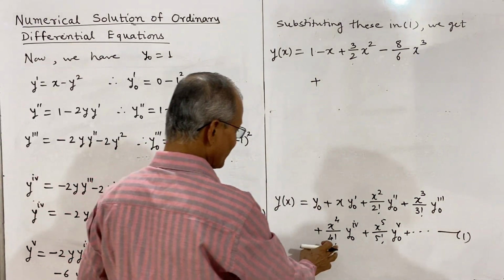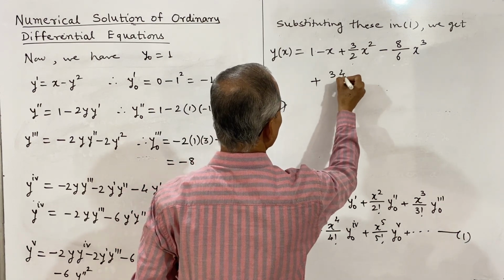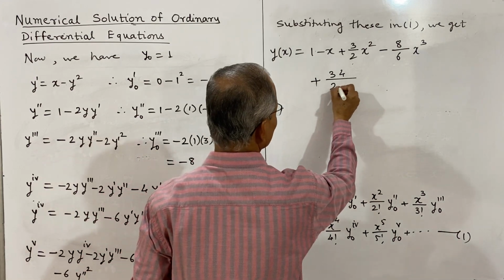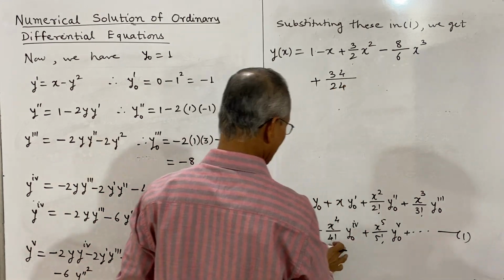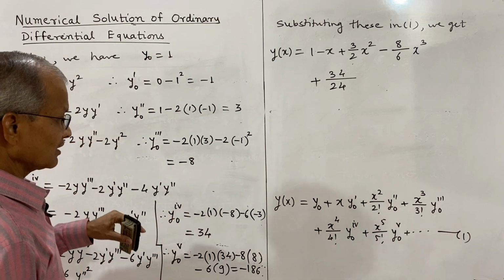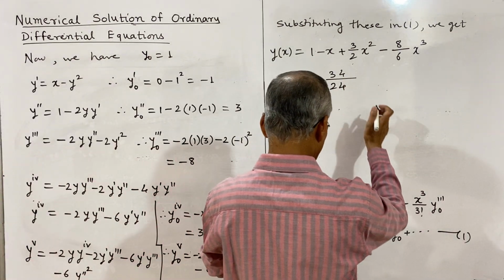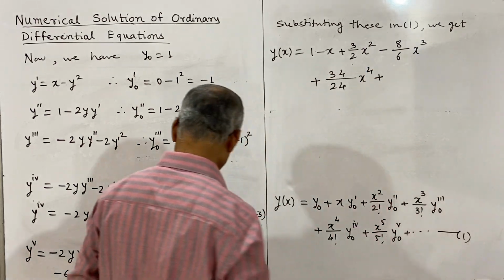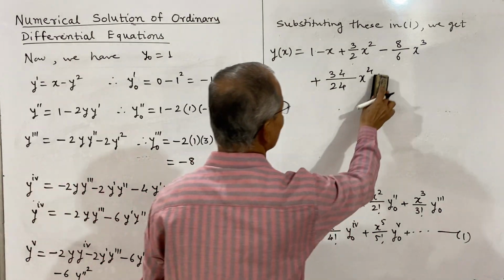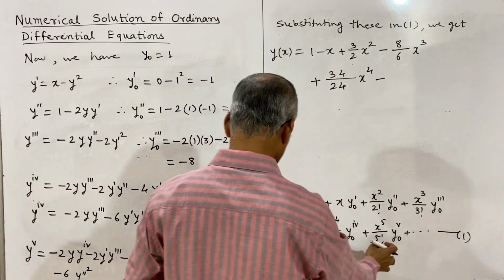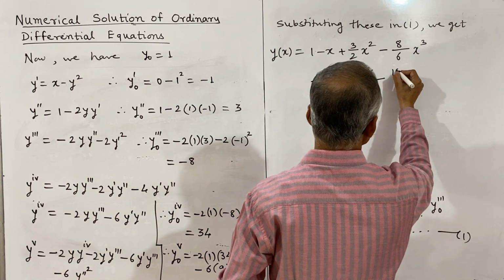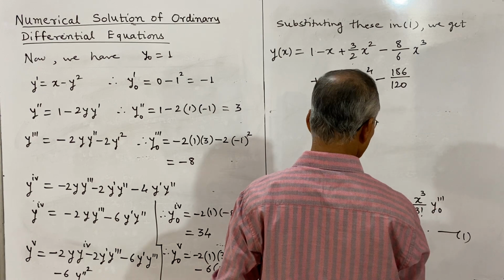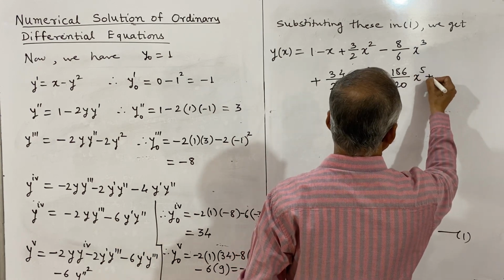So, 34 divided by 4 factorial, see 4 factorial is 24, into y naught fourth derivative, into x power 4, we have written this value x power 4, and next plus, this derivative is negative, so therefore this sign will be negative, minus 186 divided by 5 factorial is 120 into x power 5, and plus so on.